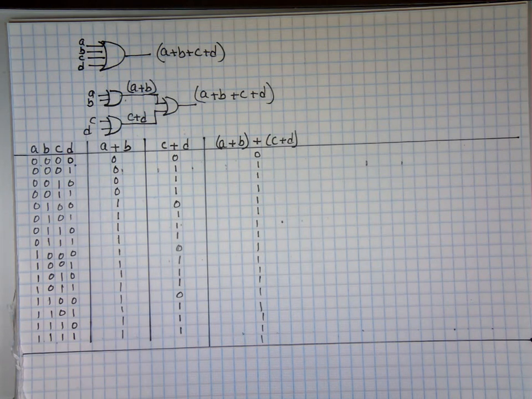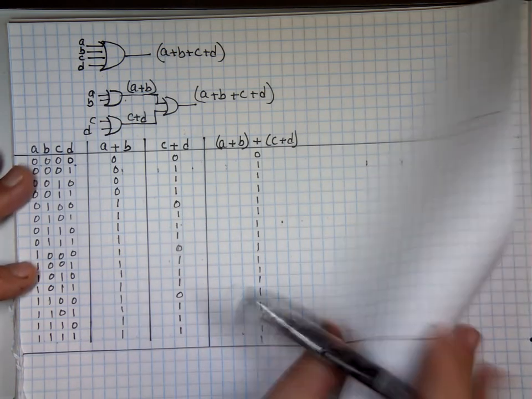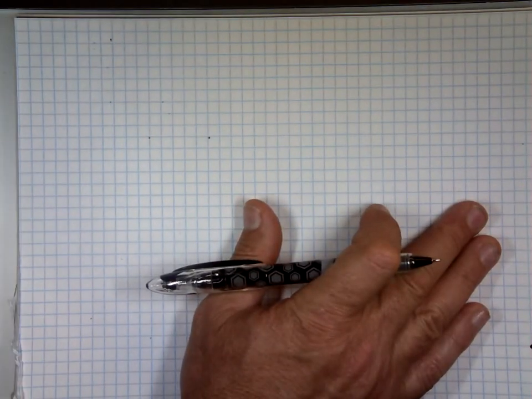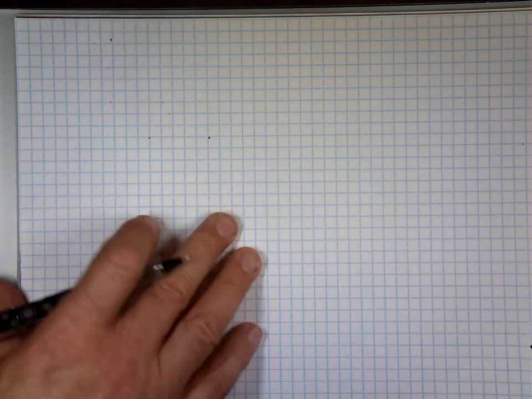Now, I want you to think about this. It's going to take us to Boolean algebra. So don't think normal math. Think of what we call Boolean algebra.